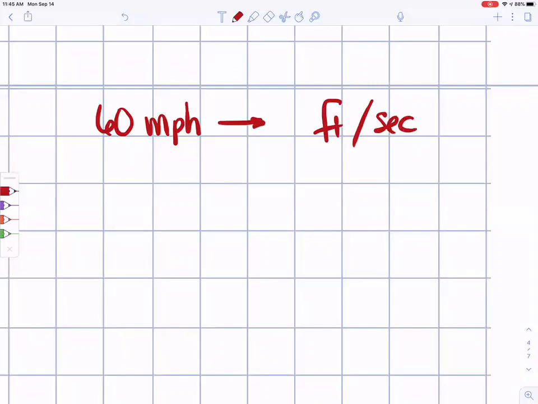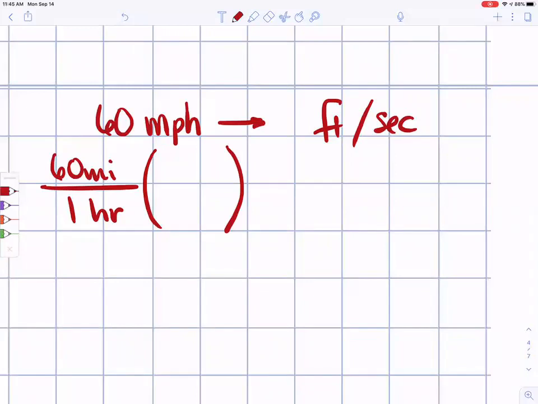Yeah, we do. They weren't that bad. Okay, tedious, but not that bad. How did we set those up? Do you remember? Okay, so 60 miles over 1 hour. And what would we start multiplying by? It doesn't matter whether you worked with the time first or the distance first. So let's go with time.